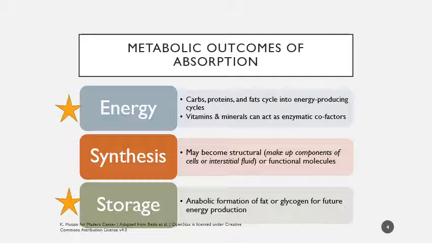So this is, again, an anabolic process. We're taking those small pieces that we've been able to absorb, packing them together to have these storage forms of fat or glycogen, which is a complex polysaccharide. So we're hanging on to that stuff. We have extra stuff. We don't want it to be removed through our excretion systems. We want to hang on to it so we can use it in the future.